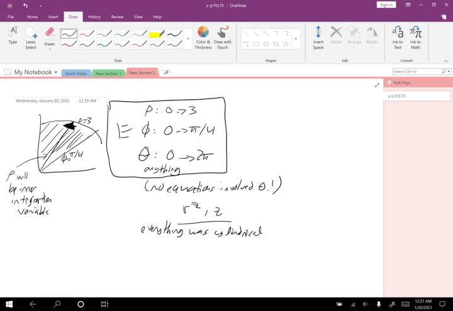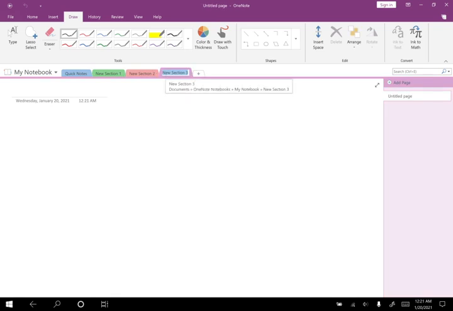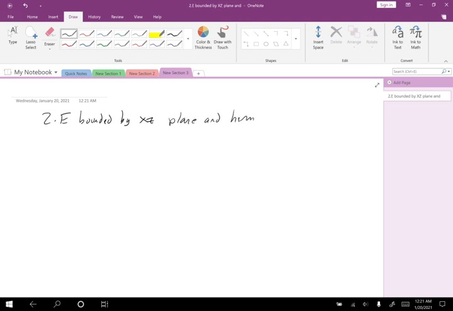Okay, so let's do another example. Let's say E is bounded by the xz plane and the hemispheres y equals the square root of 1 minus x squared minus z squared, and y equals 4 minus x squared minus z squared.